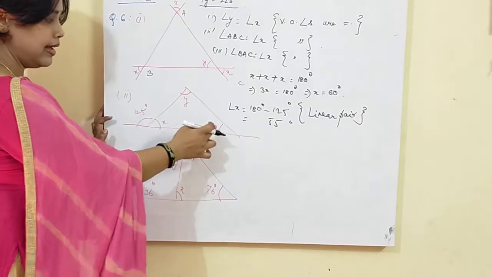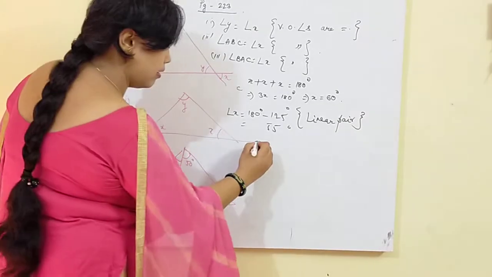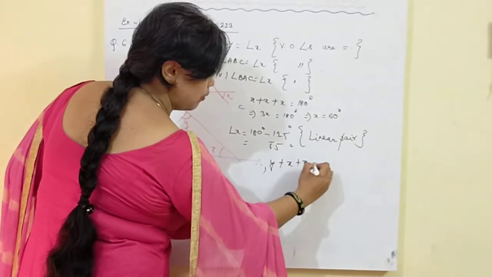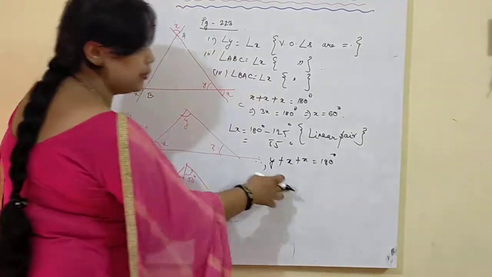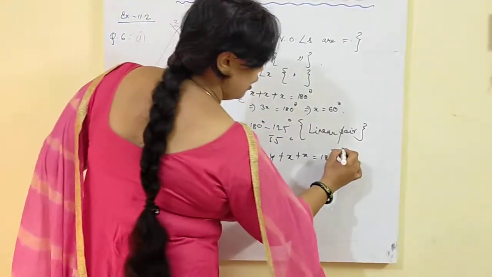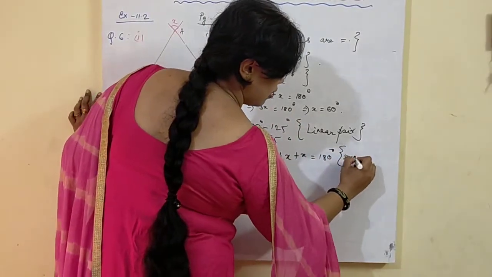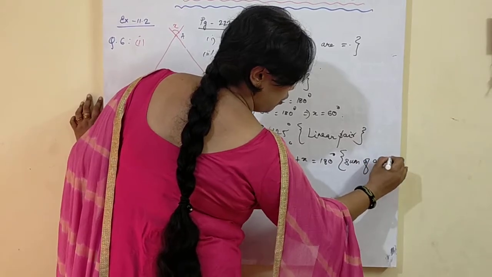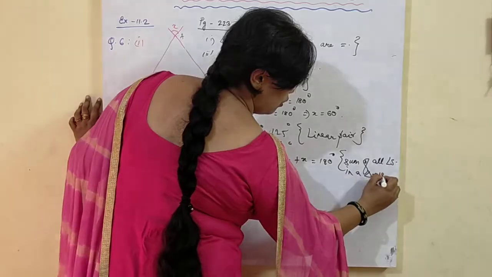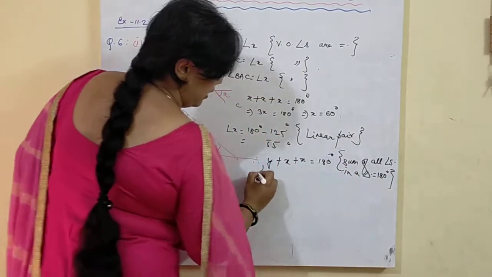See, this is also angle x, this is also angle x. So we will write y plus x plus x is equal to 180 degree. Of course you will write the reason. What is the reason, students? Sum of all angles in a triangle is equal to 180 degree.